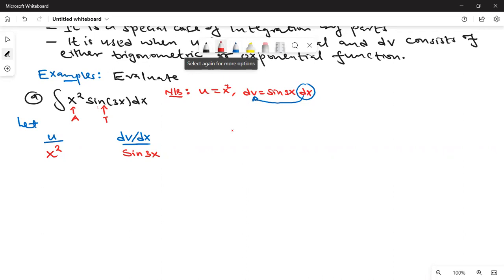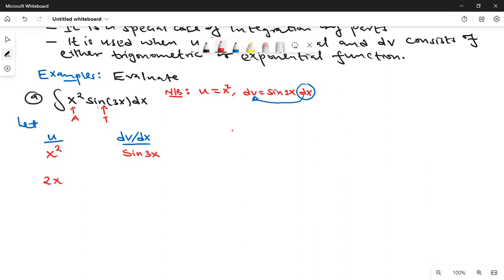The first column you differentiate until you get to 0. The second column you integrate. So let's start by differentiating x squared. That will give us 2x. When you integrate sine 3x, what do we get?